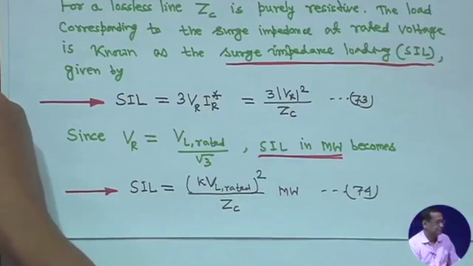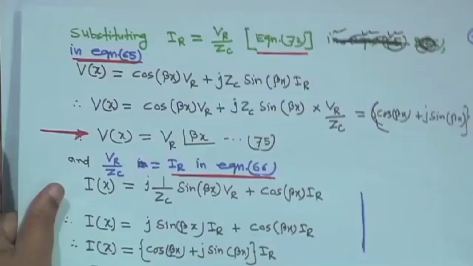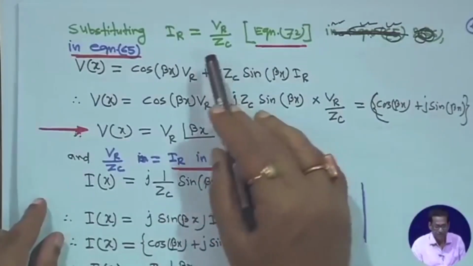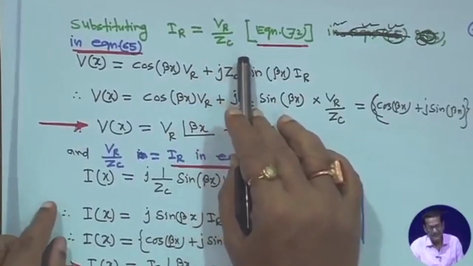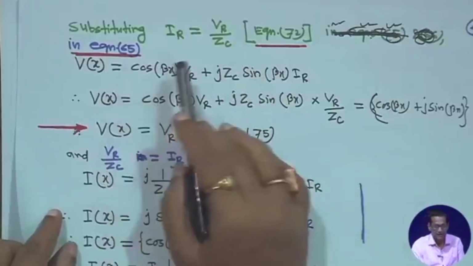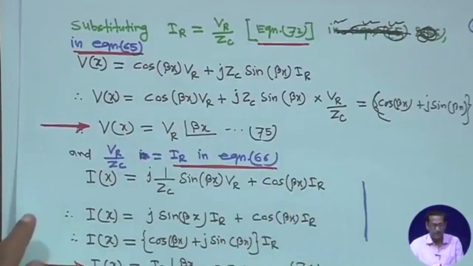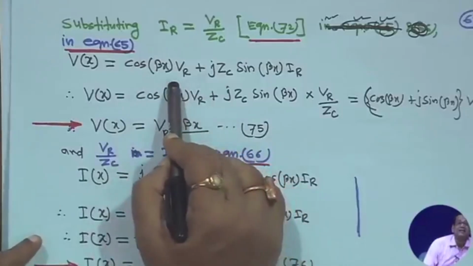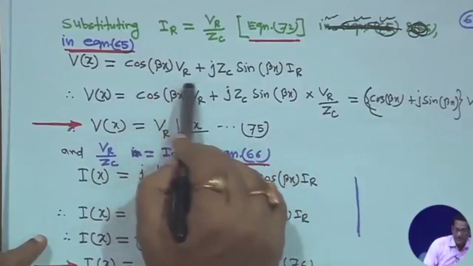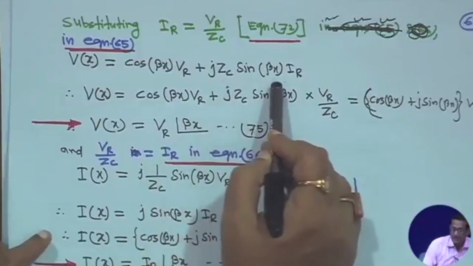Now, substituting IR is equal to VR upon ZC, that I told you in equation 65. I have rewritten equation 65 here: cosine beta x VR plus ZC sin beta x IR.